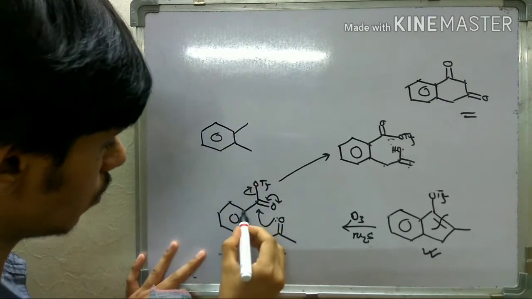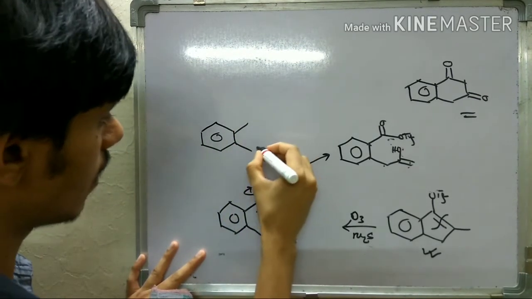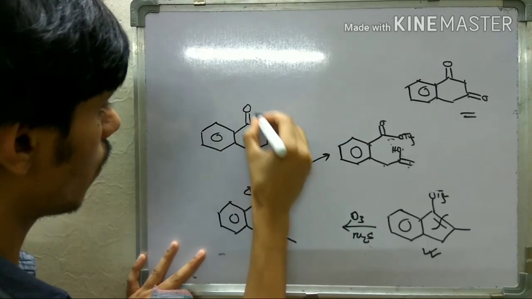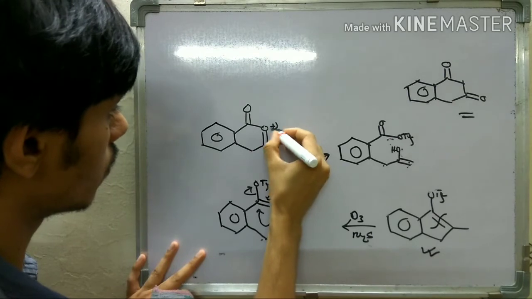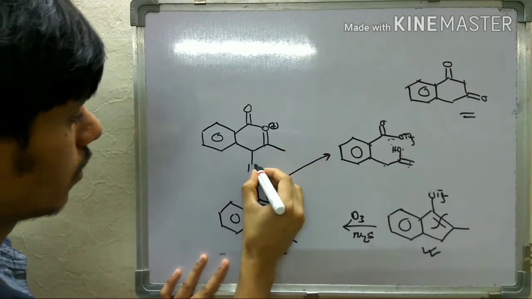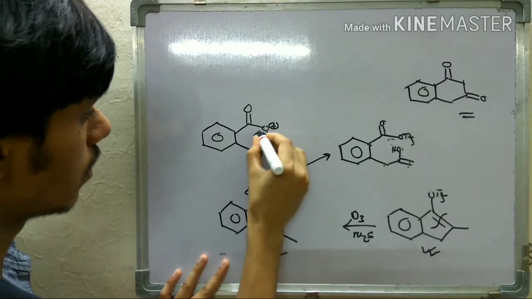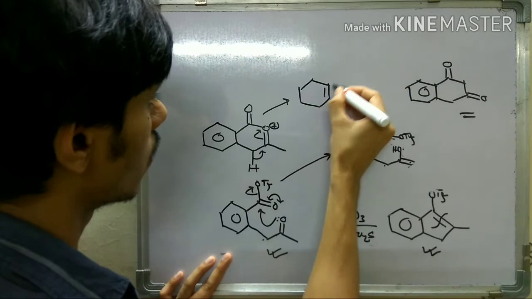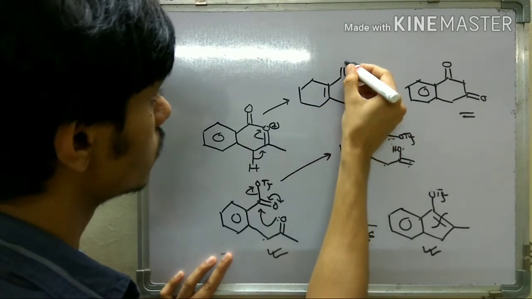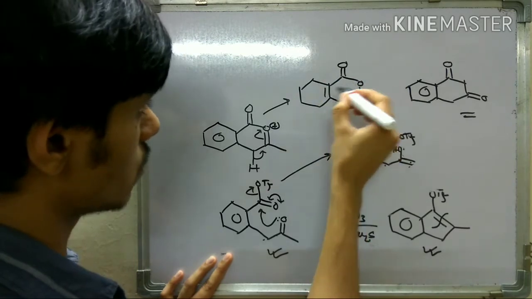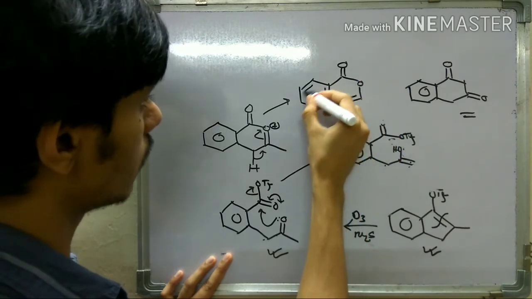In this case, 1, 2, 3, 4, 5, 6, again a 6-membered ring will be formed. So here you will have this O, and here you will have the methyl group. Now this hydrogen can be eliminated to give you this product. So here you will have this.